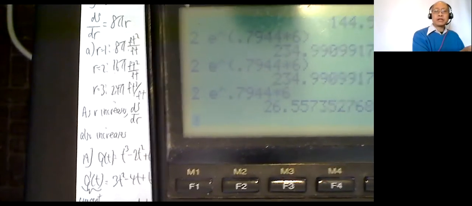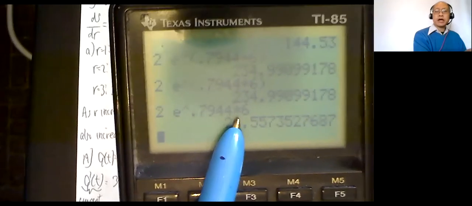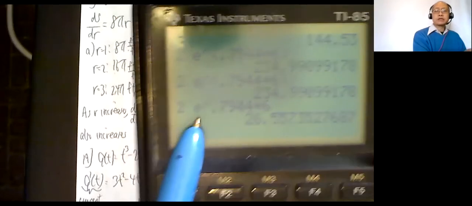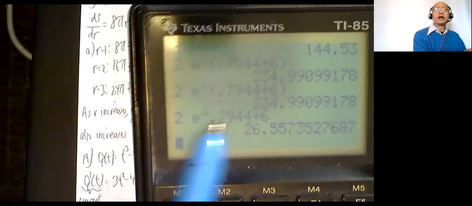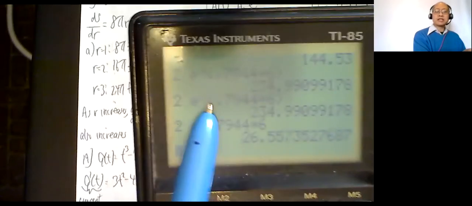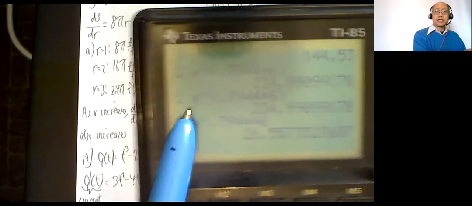By order of operations, the calculator saw exponential and multiplication, so which is higher in priority? Exponent. So it did e to the 0.7944, got that answer, and then multiplied it by 6, which is not the same thing as putting parentheses. So you have to make sure it's e to the whole thing.